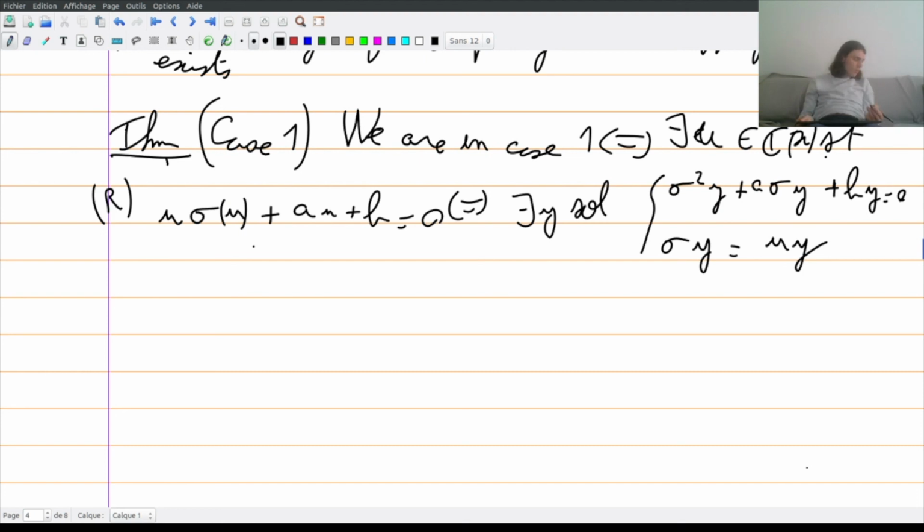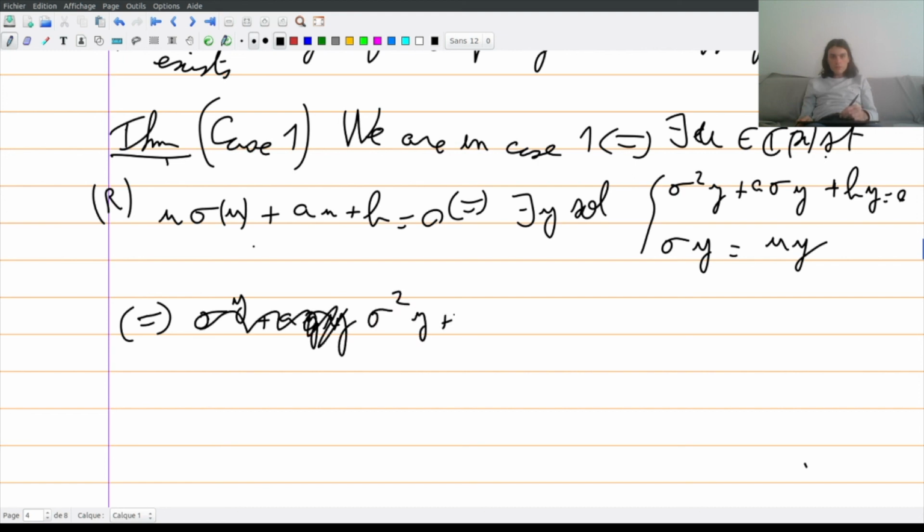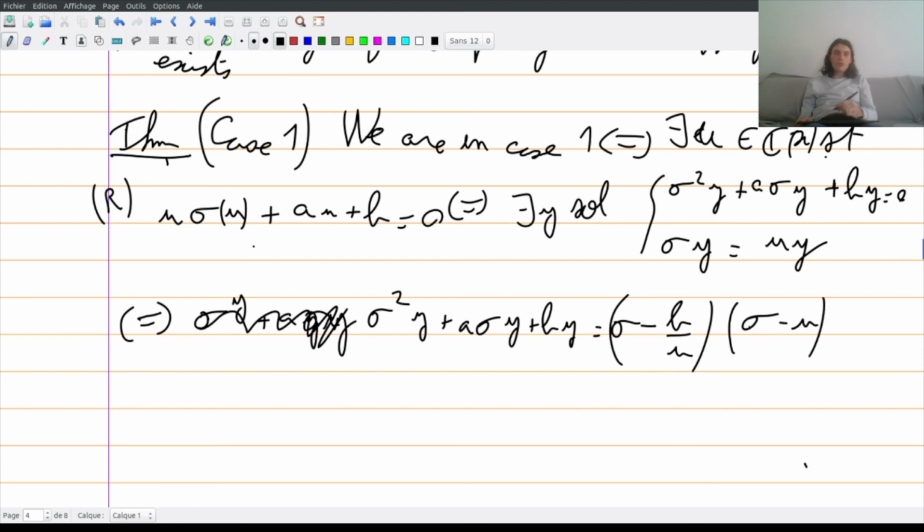So it's a situation where your equation is factorizing: sigma y plus a y is of the form sigma of b over u times sigma minus u. So you have a factorization of your operator.